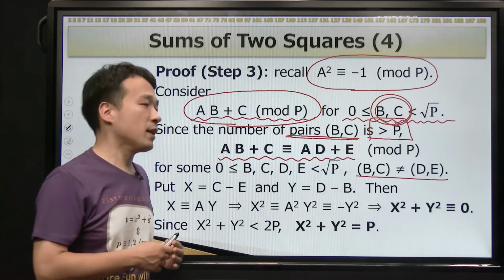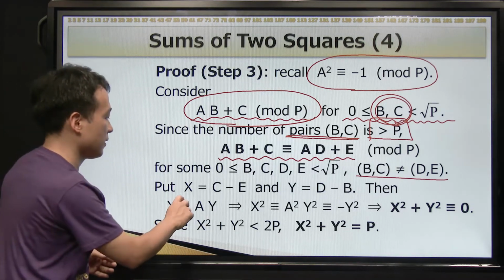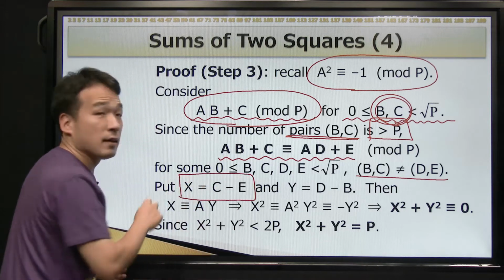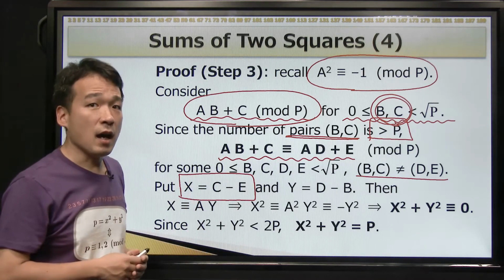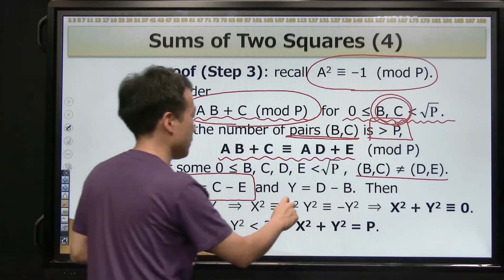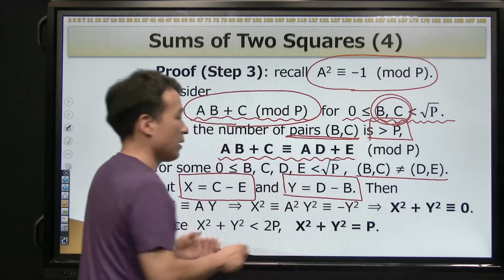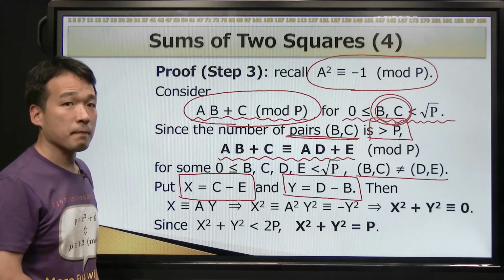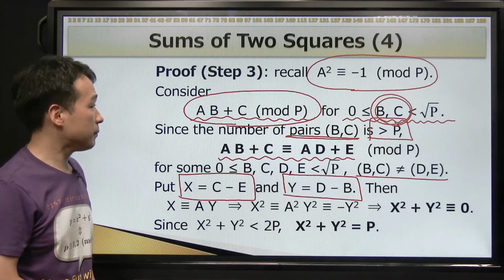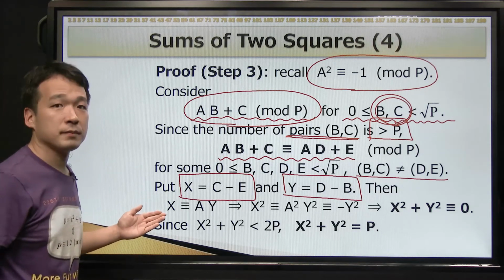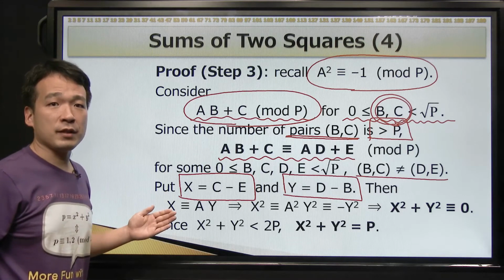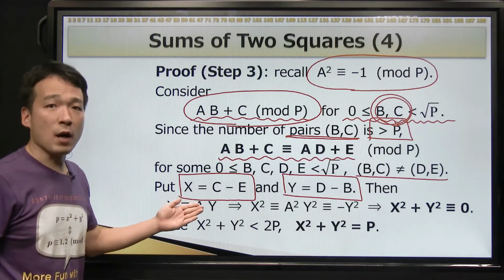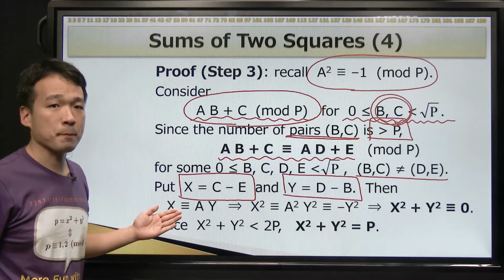Now we put x is c minus e and y is d minus b. Then x is congruent to ay modulo p.